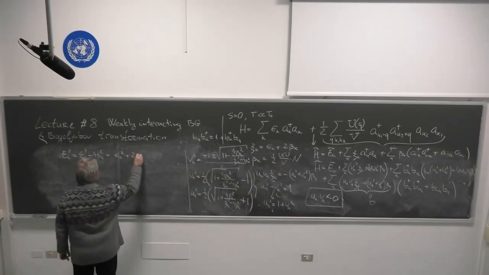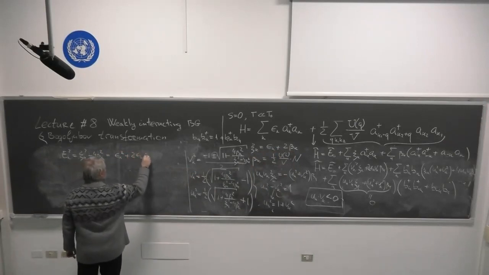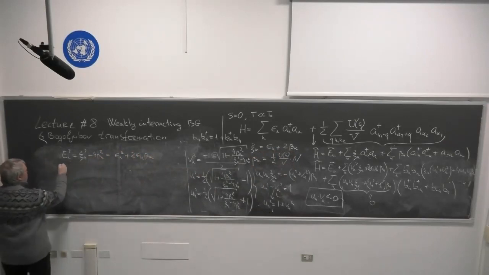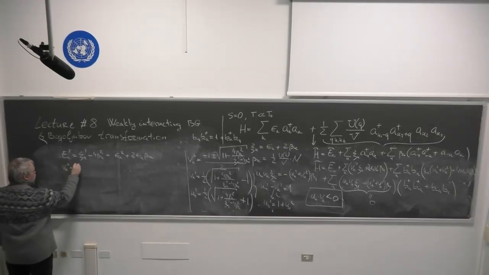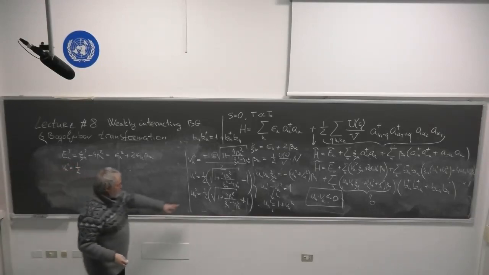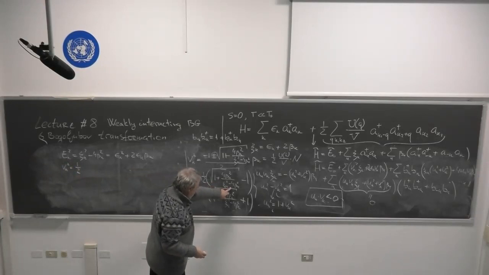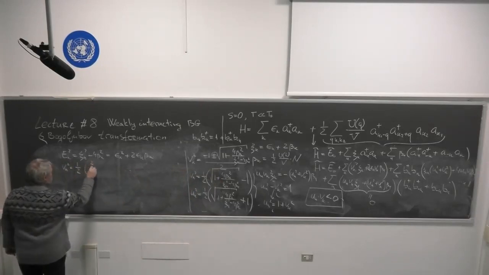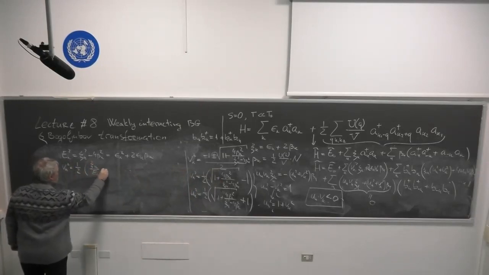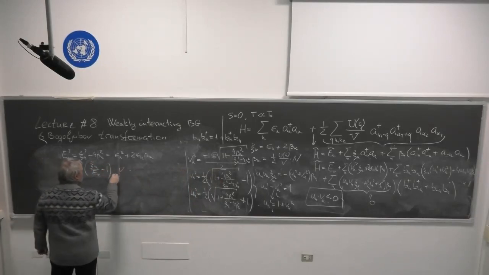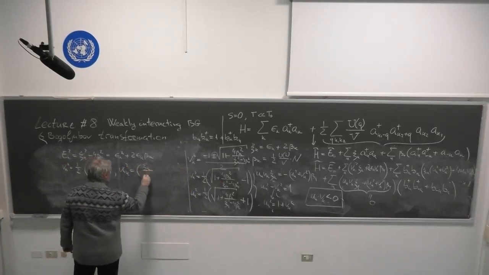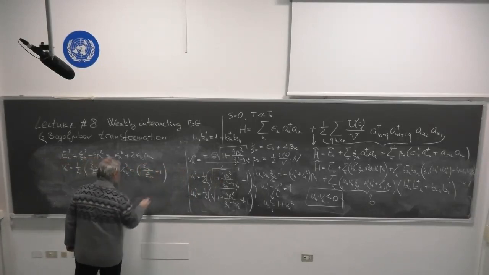So this is plus 2 epsilon k beta k. Okay, just a notation. Then vk squared is equal to 1/2, and we have a denominator which is ek squared, and here we put it into the denominator. So this is psi k over ek minus 1. And uk squared is psi k over ek plus 1.